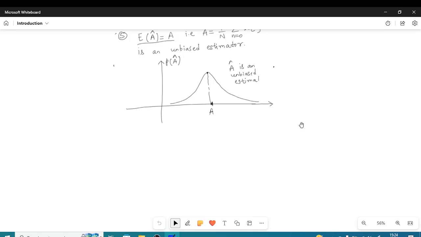So now consider a general estimator. Consider an estimator theta hat, which is some function of the following observations.